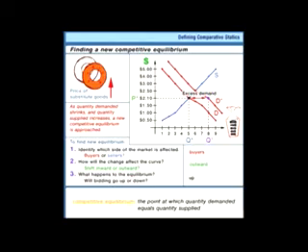We have a new demand curve. The new demand curve results from the increase in the price of a substitute good. With consumers wanting to buy a larger quantity of bread at every price, the demand curve is now shifted out here. Well, that gives us a problem, because at the original price, the quantity supplied, the point on the blue curve, is now less than the quantity demanded over here on the new red curve.